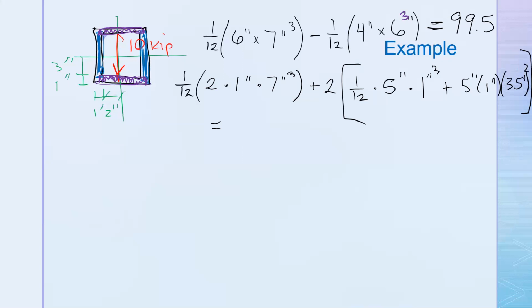Yeah. Why is that 7? Because we're measuring from center to center. Oh, center. All right. Yeah. Got 180. Okay, that's what we want, 180.